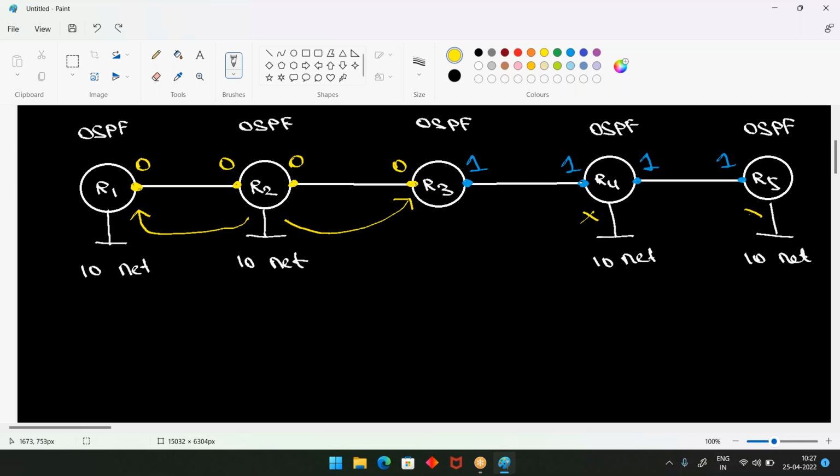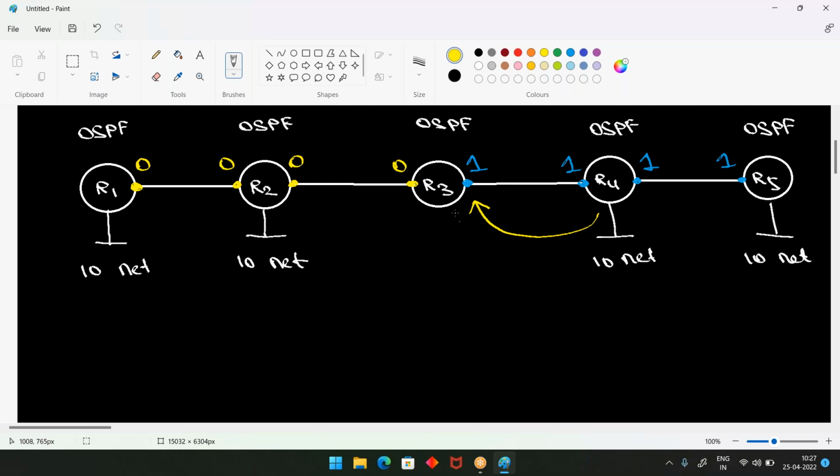Okay. But what about R4 and R5? R4 will share its networks information to the R3 router, because R3 and R4 belong to area 1.